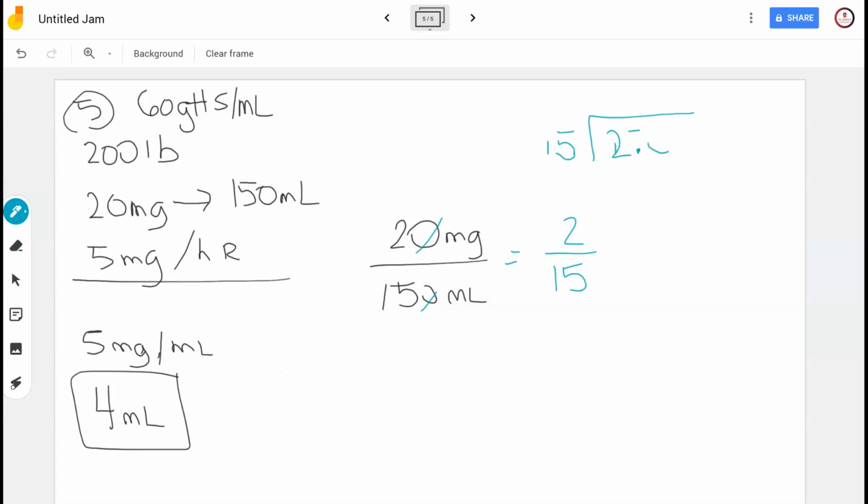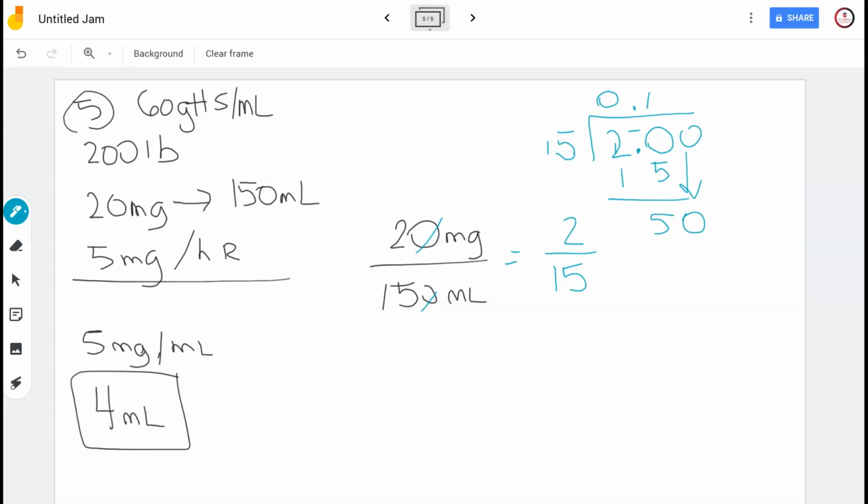So you're going to divide this out. 15 goes into 20 once. Make sure you bring that decimal up with a 0 in front. Add another 0. Fifteen goes into 50. 15 and 15 is 30.